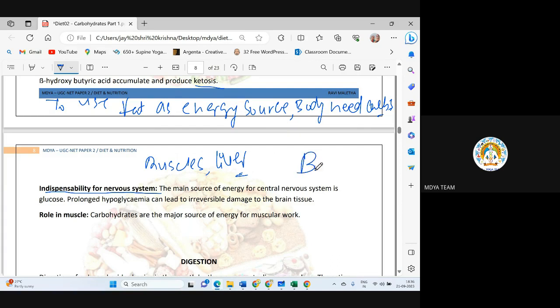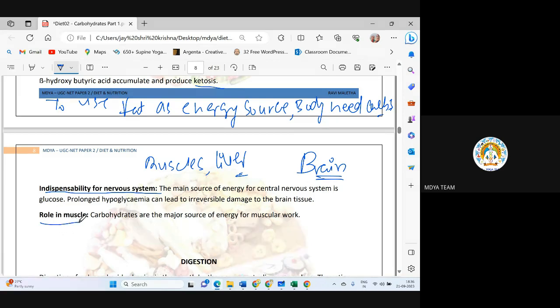But for the brain, glucose is very important. Glucose is the only source of energy for the brain, and if there is a deficiency of carbohydrate, then ultimately our brain has to suffer. So for our nervous system, carbohydrates are very important. We have no other option for our nervous system other than carbohydrate.